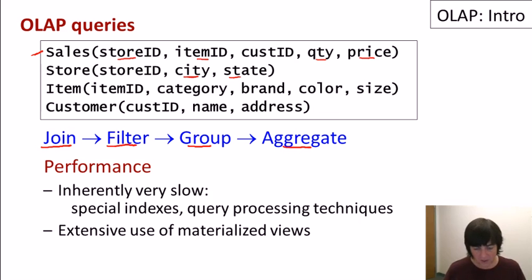So if you think about executing queries of this type, they can be quite complex and they can touch large portions of the database. So if we're worried about performance and our data is large, we do have a worry. Running this type of query on a gigantic database over a standard database system can be very slow. But over the past decade or so, special indexing techniques have been introduced and special query processing techniques specifically to handle this type of query on star schemas on large databases.